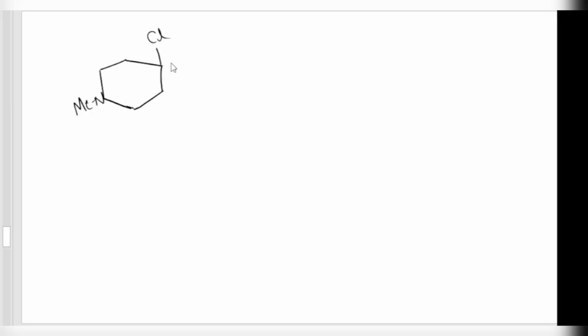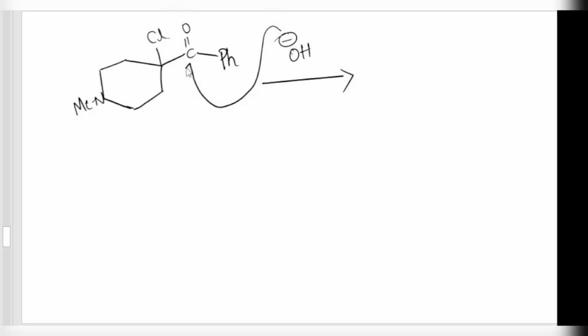Suppose here chlorine is there, and here a carbonyl group to which a phenyl group is attached like this. If we add a base, suppose OH minus, and there is no acidic hydrogen, then what will happen? This hydroxide ion will attack this particular carbonyl compound, and finally we will end up with a tetrahedral intermediate. Finally we will get it like this.